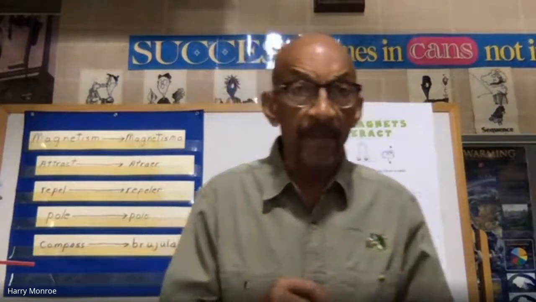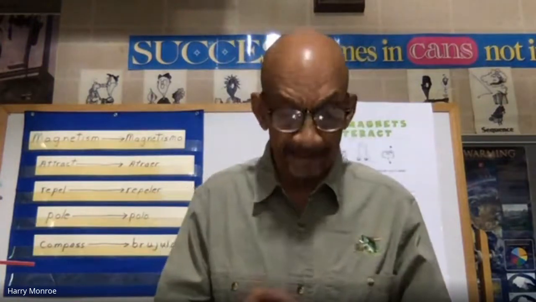Another use for magnets is the fact that if you ever get lost and you are forced to use something to help you find your direction, you guys know what I'm talking about. I'm talking about a compass. The needle that is in that compass is magnetic. In fact, this compass that I'm holding right here, and I'm in my classroom right now, and I know the direction north from my classroom.